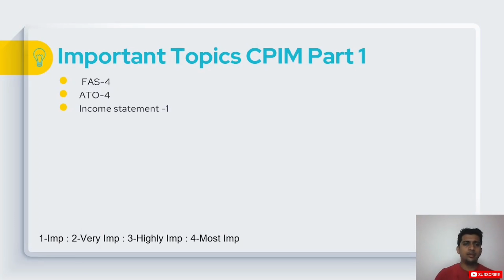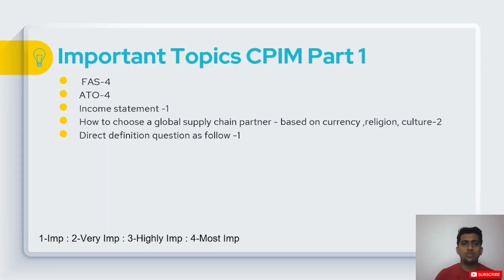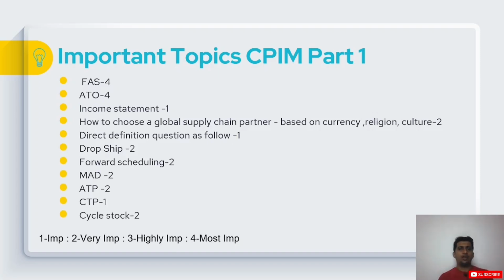So I'll be quickly taking you through the topics on which the CPM part 1 focuses. In front of the topic you'll find the rating which I have given as per my experience.